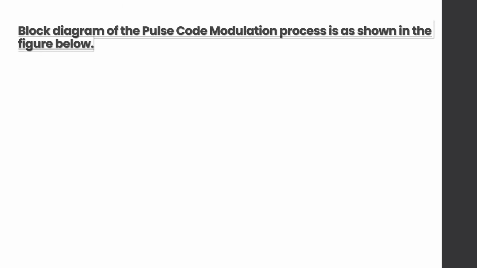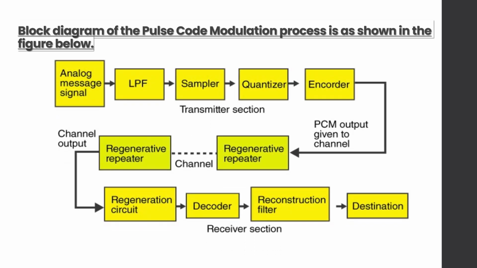Then we come to the block diagram of pulse code modulation. In the PCM block diagram, first an analog message signal is given, then it goes to an LPF, then to a sampler, then to a quantizer, then to an encoder, and from the encoder the PCM output goes through a regenerative repeater to the channel.